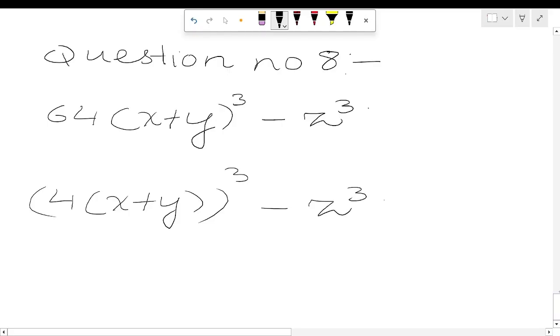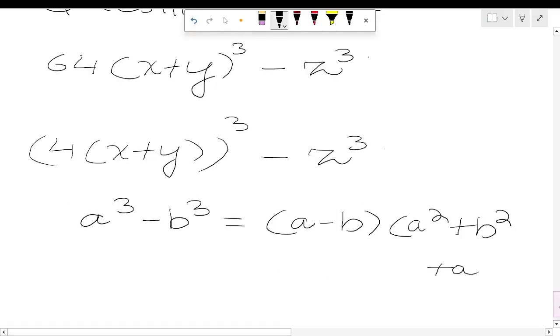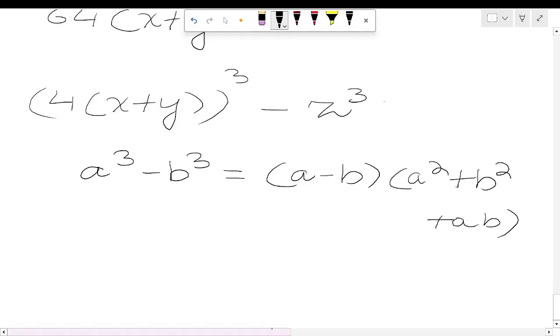After doing this, we can use the formula of a cube minus b cube, which is equal to (a minus b)(a square plus b square added with ab). So if we place the value of a here, a is 4(x plus y), and b is z.